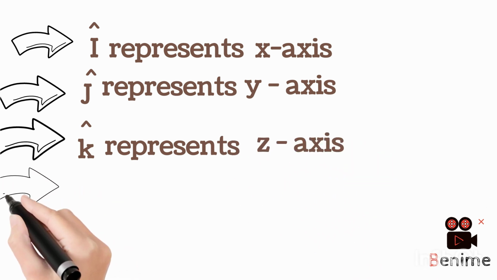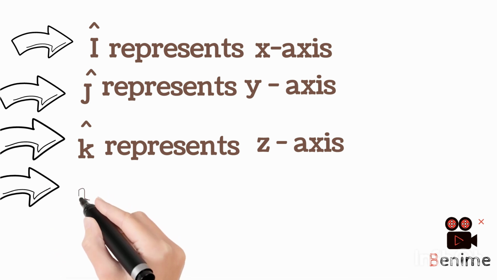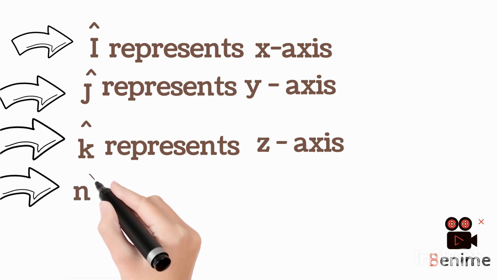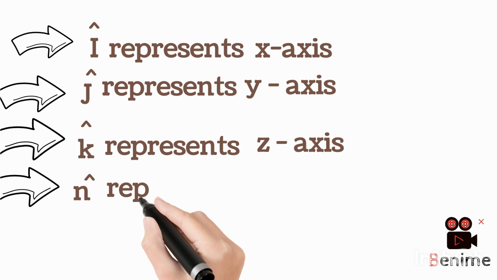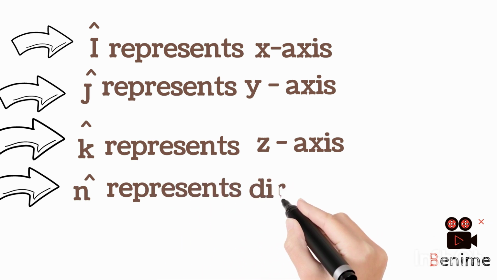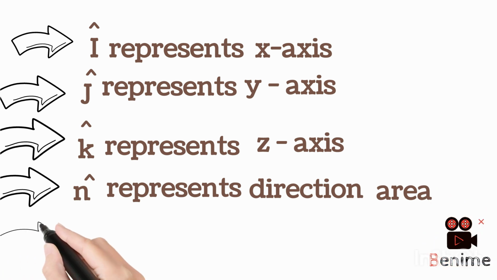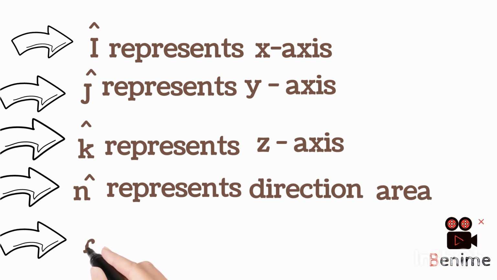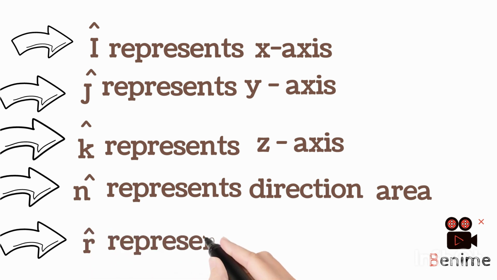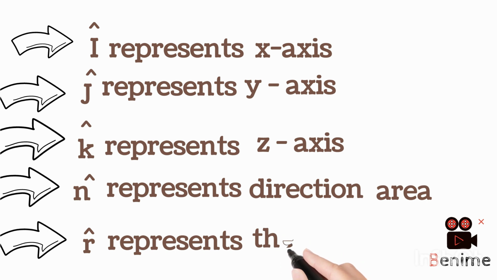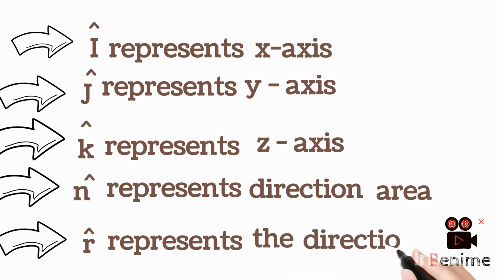N represents direction and area. R represents the direction of a positive vector.